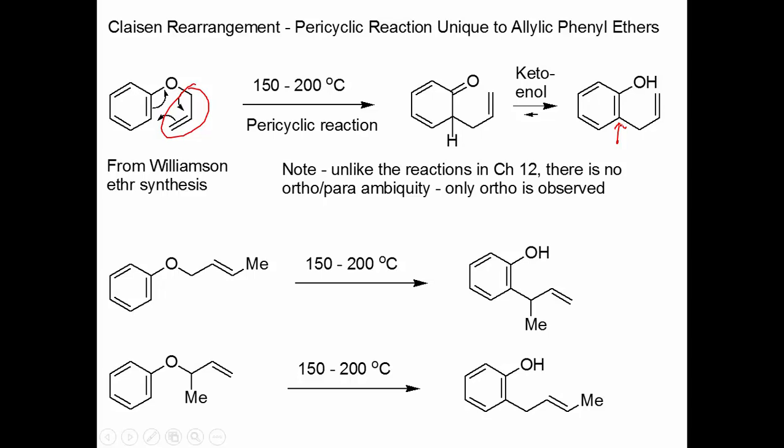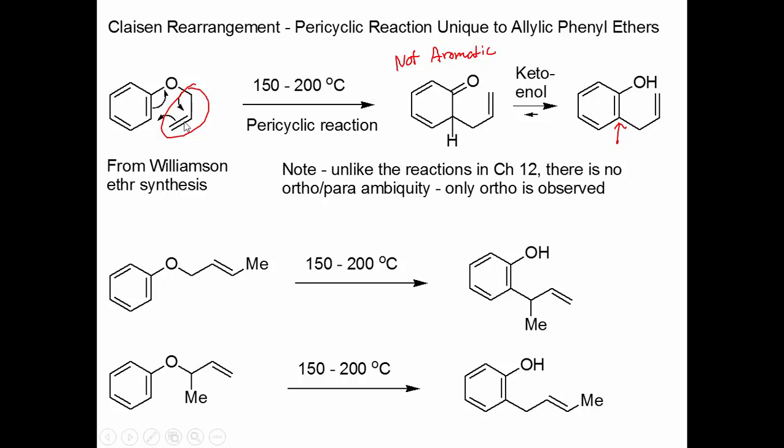Okay, and what happens here is that you make this compound, which is a ketone, and this type of ketone would rather be an enol because an enol is aromatic, whereas this is not aromatic. Okay, so normally enols are less stable, or not as stable as ketones, but this is a case where the equilibrium is going the other way to achieve aromaticity.